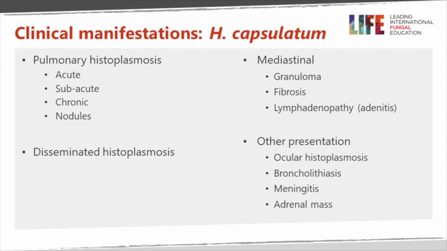This organism also goes to the mediastinum, and you can get granuloma formation there, fibrosis, and also quite marked lymphadenopathy in occasional cases. And there are rarer forms of histoplasmosis, for example, ocular or bronchiolithiasis or meningitis, and occasionally this presents also as an acute adrenal mass, which is one of the less common forms of disease.